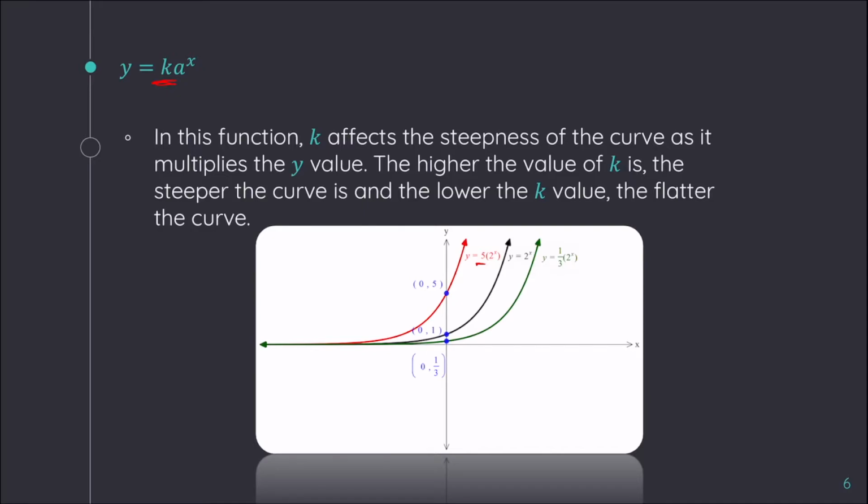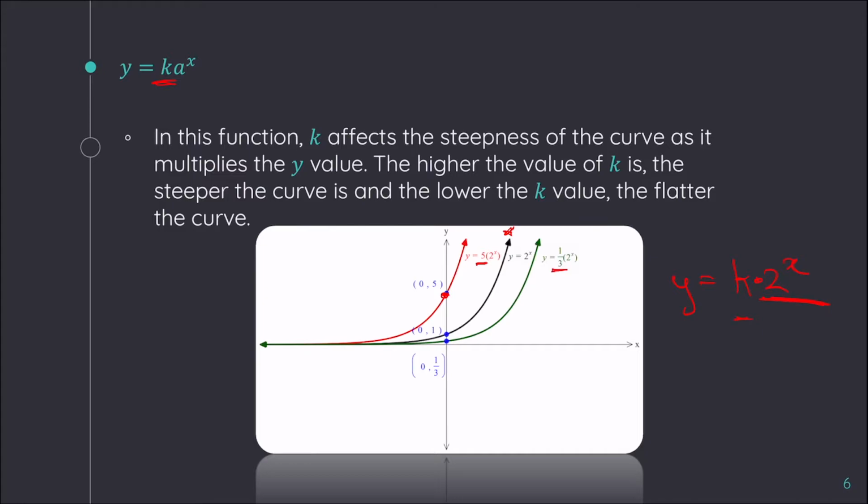So here's a normal graph, 2 to the power of x. 5 times 2 to the power of x, it's going to be 5 times larger, so every point is going to be times 5. Don't forget, we always do index first. So if you see something like k times 2 to the x, we're going to do the 2 to the x first, and then multiply by k.